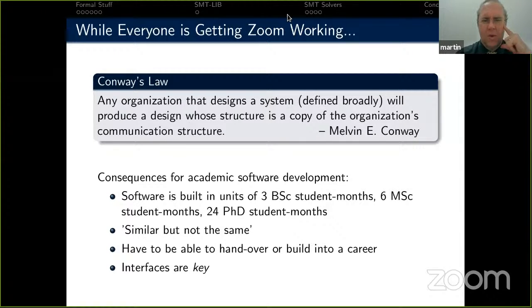And so really what I'm saying, I guess, is that interfaces are key, because academic teams change so rapidly that yeah, you really need to think about interfaces. Anyway, this is a complete aside from what I'm actually going to talk about, but maybe it's worth thinking about. I don't know, secret bonus for people who tuned in early, I guess.